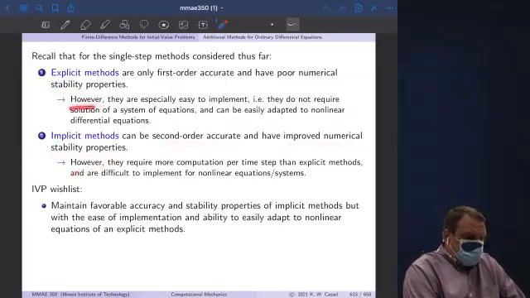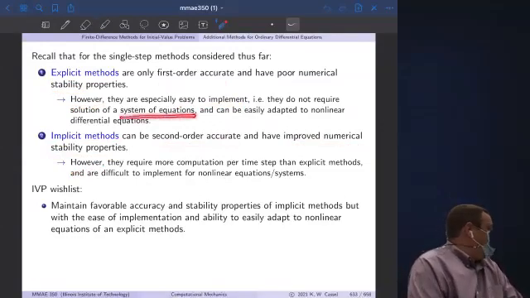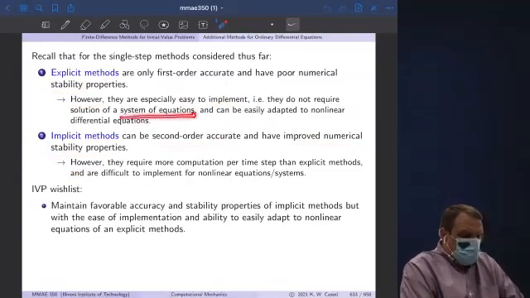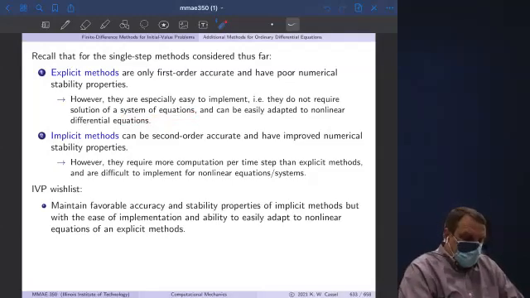In the case of explicit methods, the however is that even though they're easy to implement, and that's because they don't require the solution of the right-hand side, f of t, u, at the current time step, only at the previous time step where we know it, and it is also easy to adapt for nonlinear differential equations.